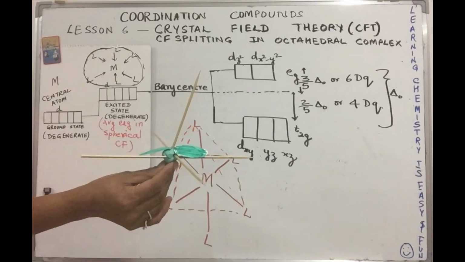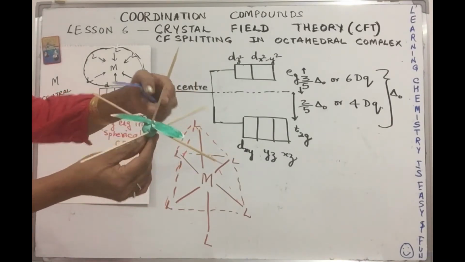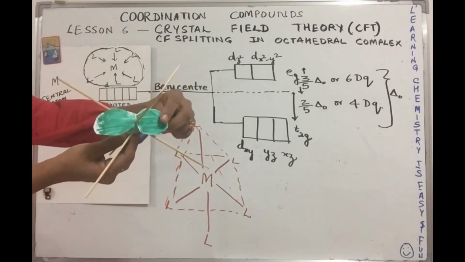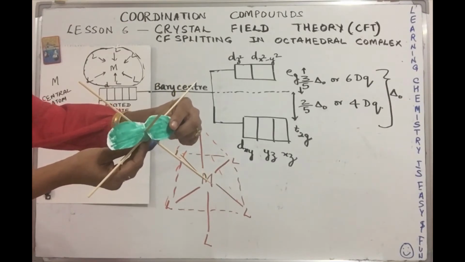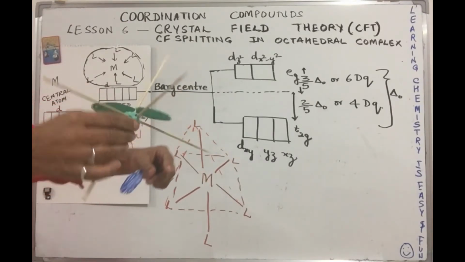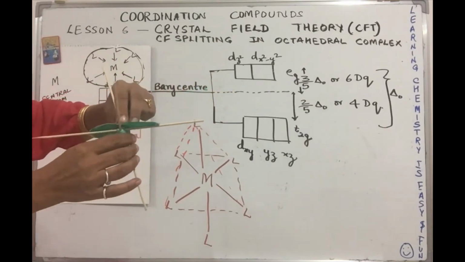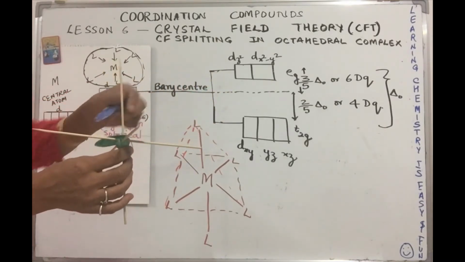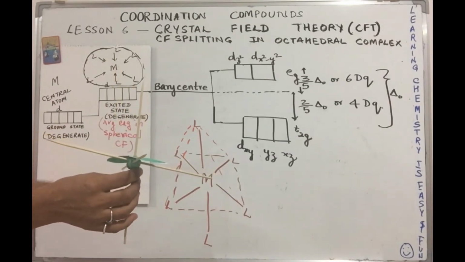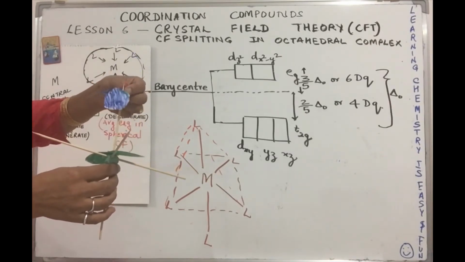So I've taken one example. This is my dxy orbital, right? If you see, it is aligned in between the 2 axes. And please remember, these 3 axes are all the same. It's just for the sake of understanding that we have labeled them as x, y and z.